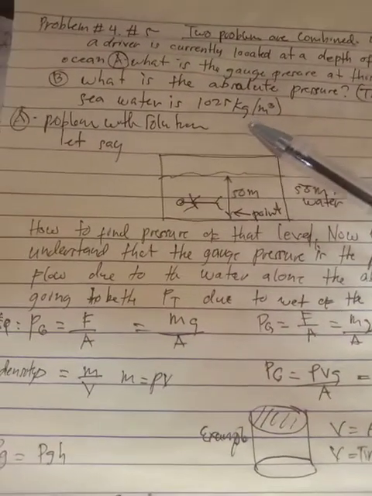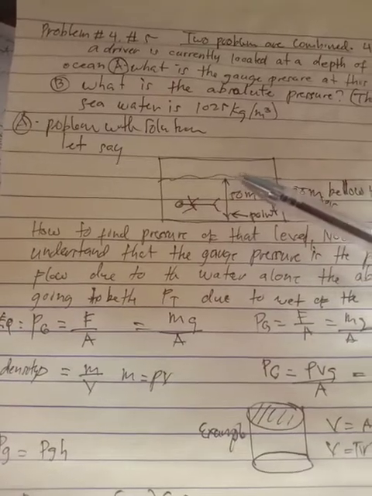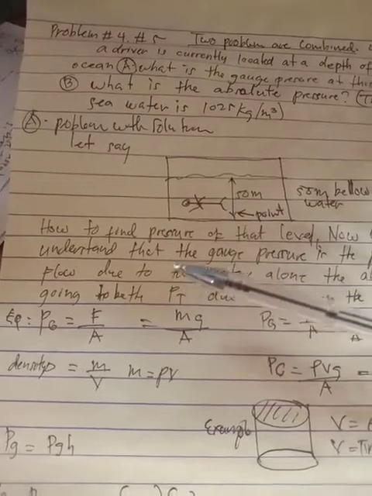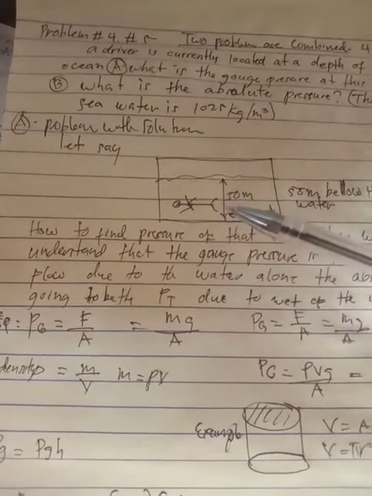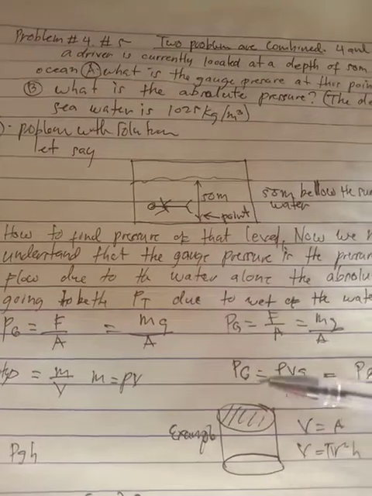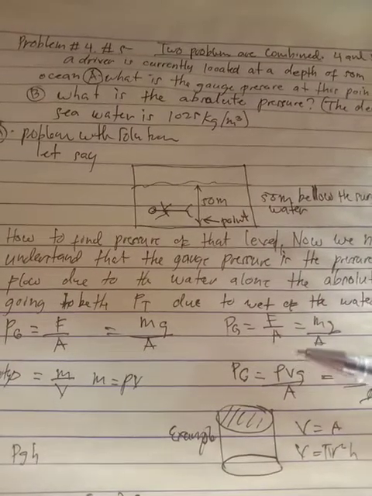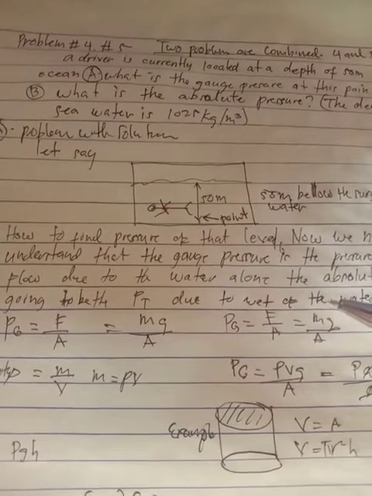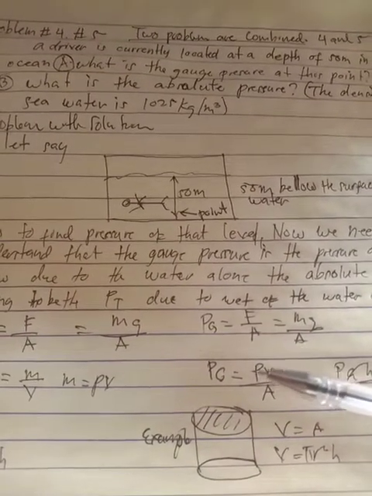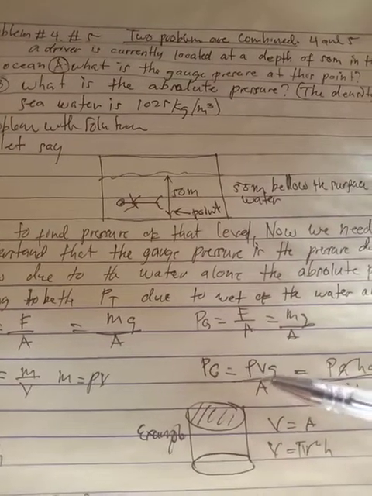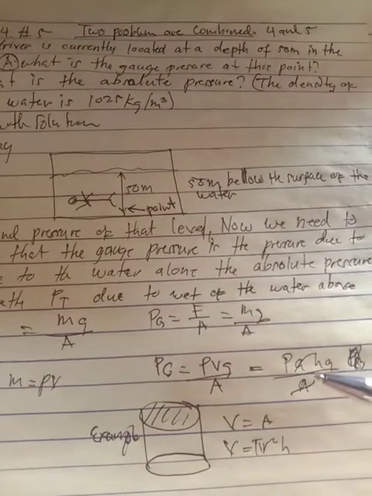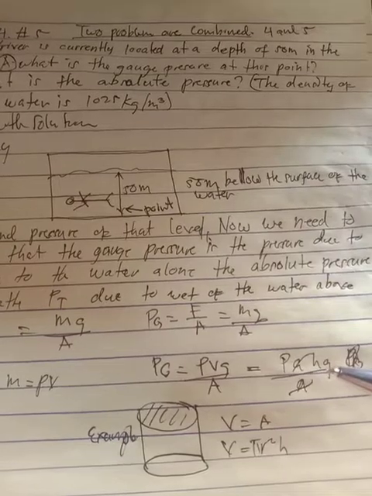To find the gauge pressure, we are going to use this equation: Pg equals F over A equals mg over A, or Pg, the gauge pressure, equals density times volume times gravity over area, or equals ρAhg.